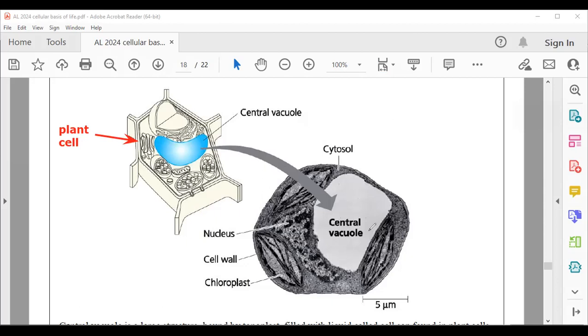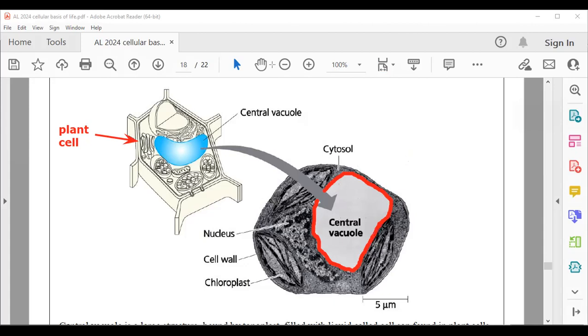The central vacuole will be bordered by a membrane.